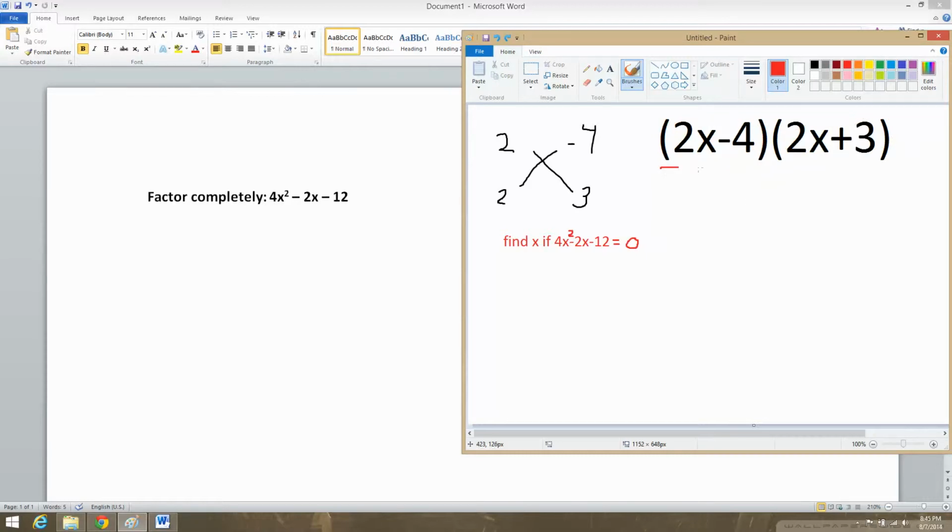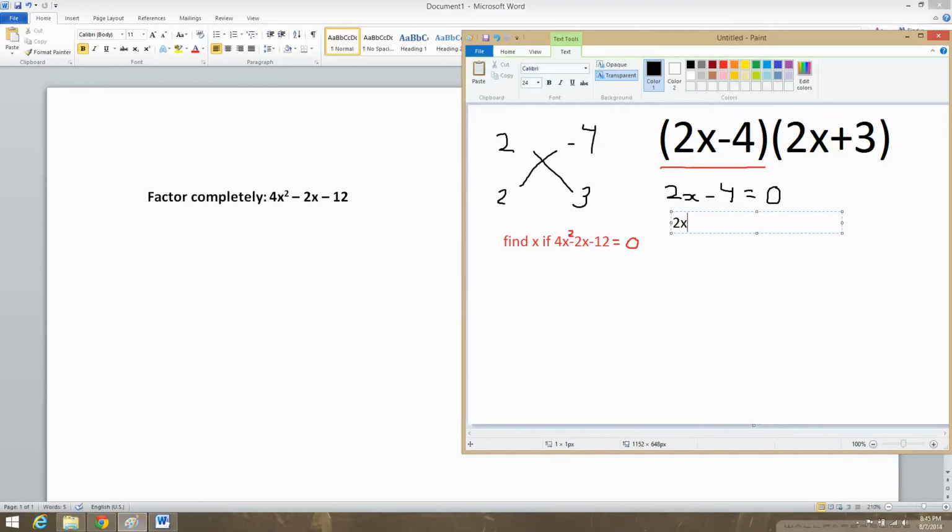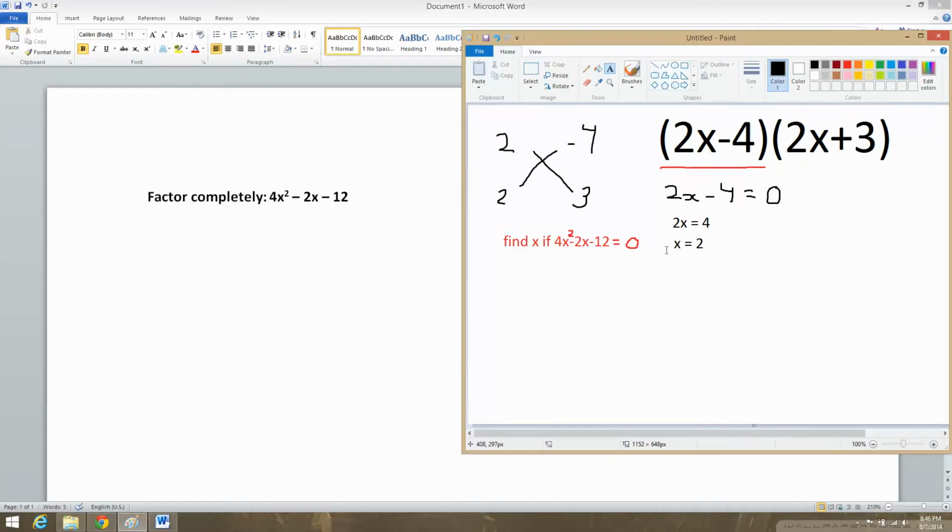So for this box, it's going to be 2x minus 4 equals 0. You're going to carry the 4 over, turning into a positive. So it's going to be 2x equals 4. And you're going to divide the left side by 2, therefore dividing the right side by 2, so it ends up being 2. So for the left side, x equals 2.